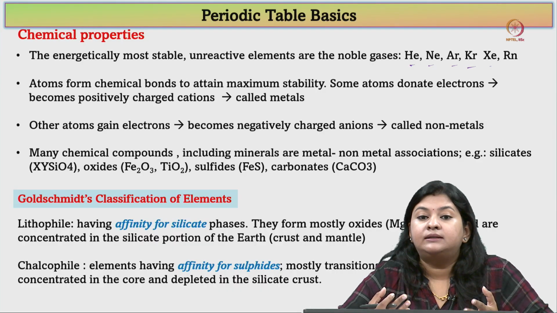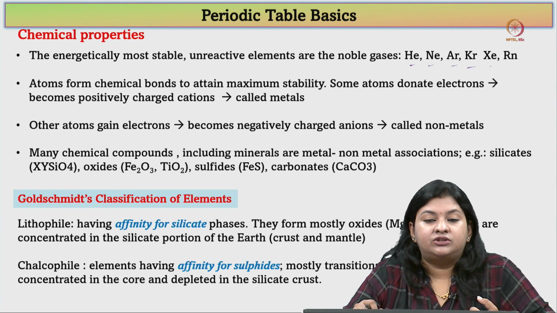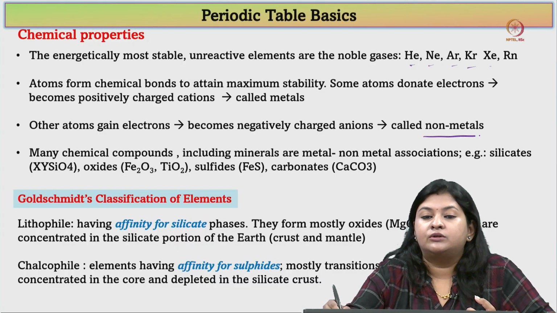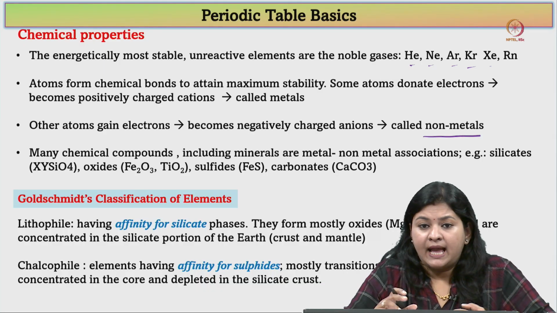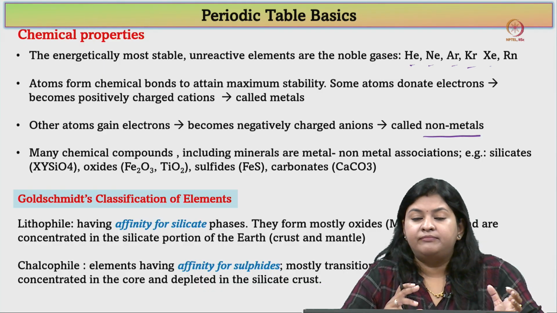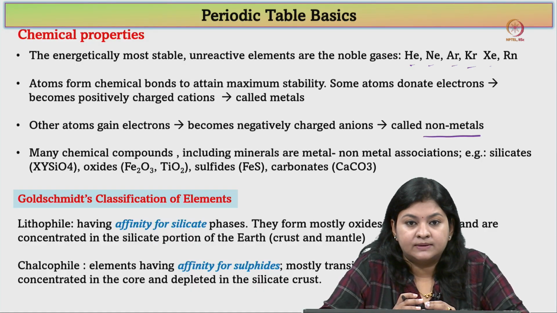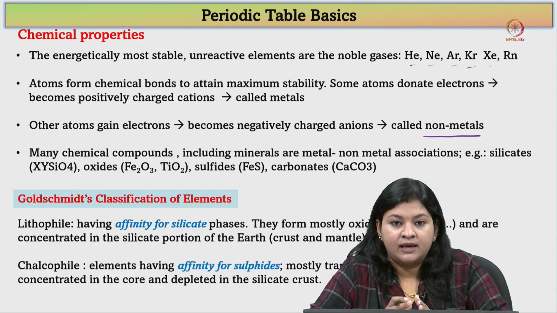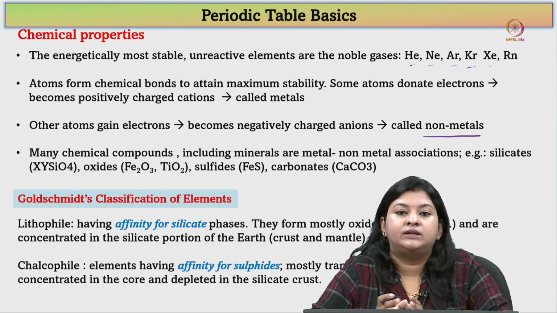The others which are gaining the electrons become negatively charged, and they will be called anions, otherwise also known as non-metals. And this mixture of metals and non-metals is what forms our chemical compounds, and they are going to form the minerals. So, minerals are metal and non-metal associations.